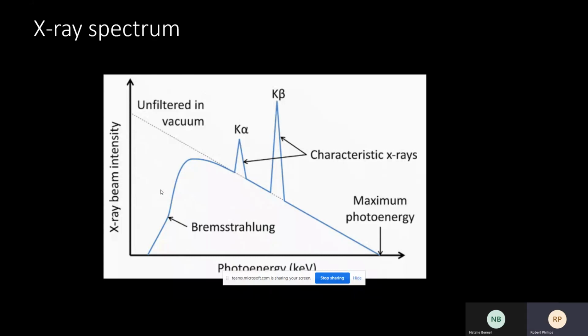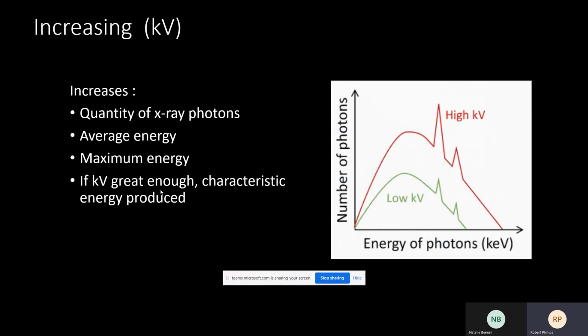Okay. So now we'll see how this X-ray spectrum changes with different parameters. If we increase kV or tube potential, there will be an increase in the quantity of X-ray photons. There will be an increase in average energy and maximum energy, and if kV is great enough, then there will be characteristic X-ray.